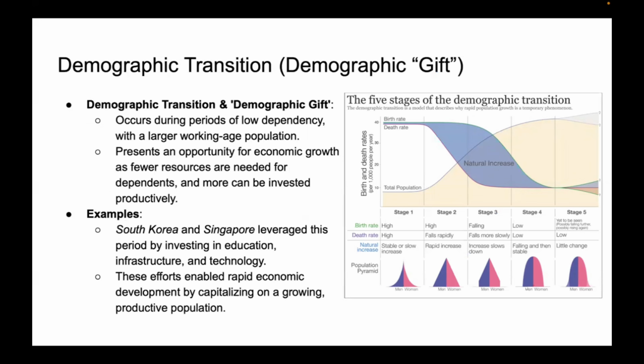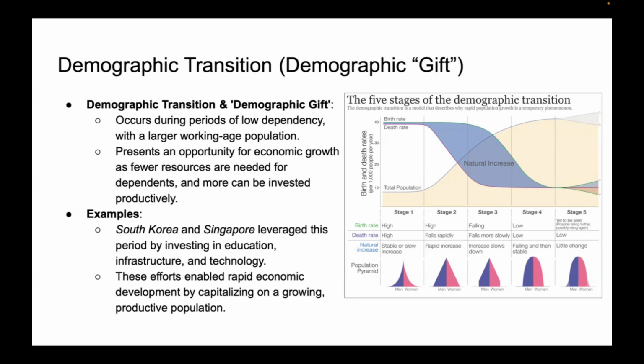The concept of demographic transition, particularly the demographic gift that occurs during periods of low dependency, is when a country has a larger working age population compared to dependents. This shift presents a unique opportunity for economic growth, as fewer resources are needed to support dependents and more can be directed toward productive investments.